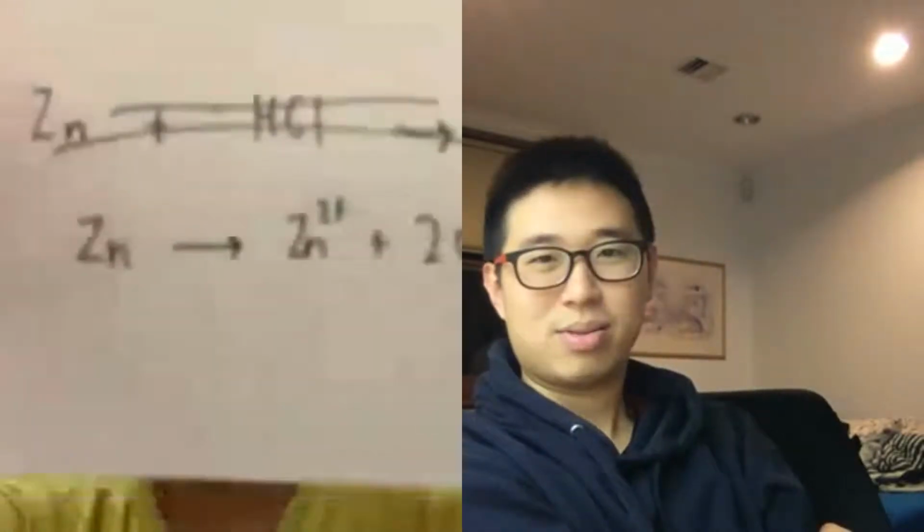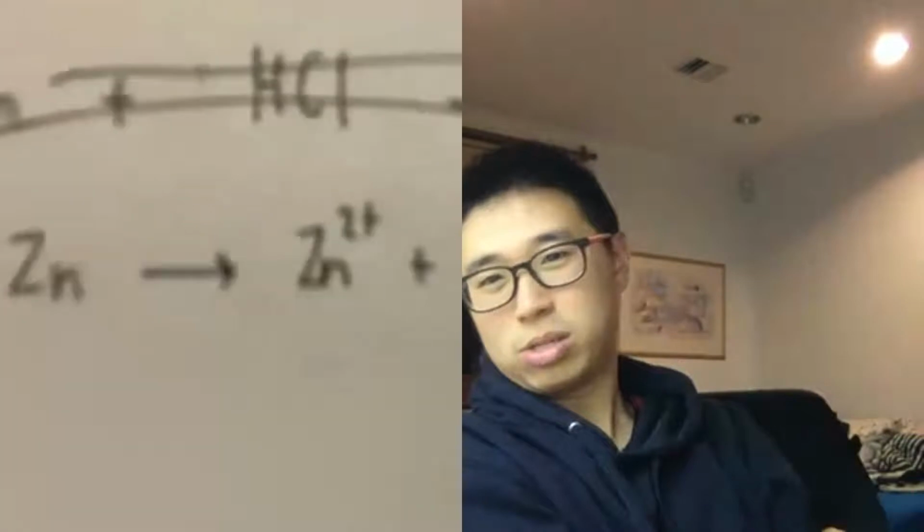Balancing equations. Half equation, yeah. Just what will happen to the zinc? Zn loses 2 electrons to form the stable ion Zn2+. Just show me your half equation. Then I can tell.